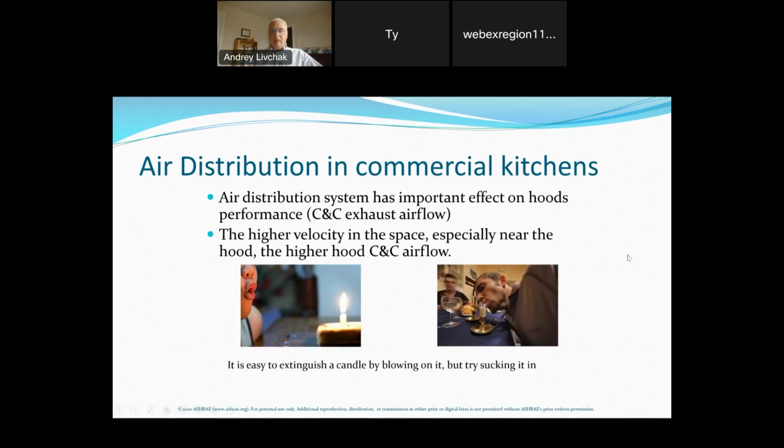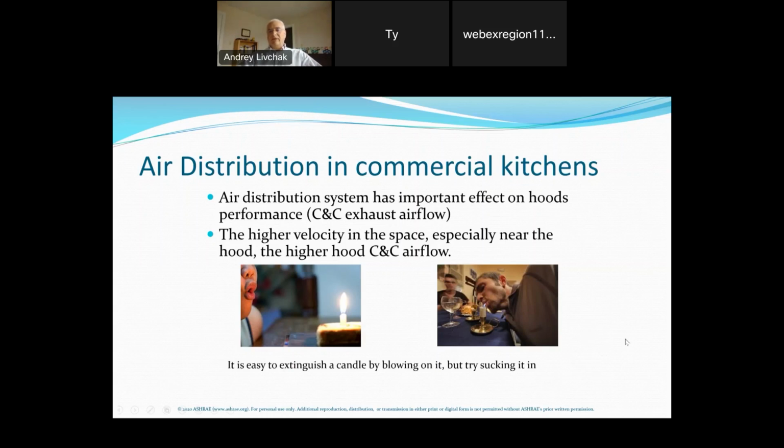First of all, when we speak about kitchens, it is very important to understand that the air distribution system plays a significant role in hood capture and containment, because for hoods installed above cooking equipment, the plume above the equipment is fairly lazy. It develops with very slow velocity, and any cross draft movement above the cooking surface may cause this plume to spill.